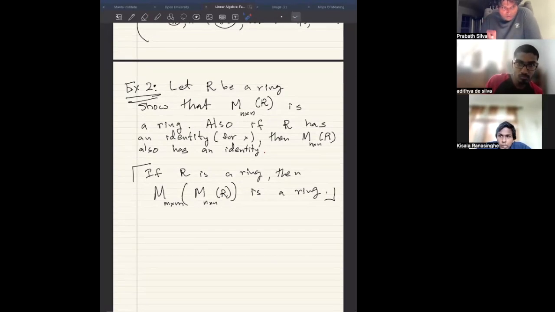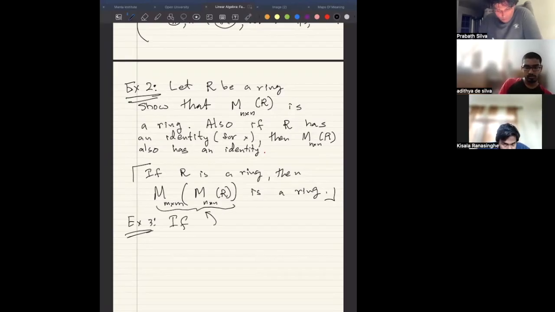Let me do this one. I gave a similar exercise last time. So if this ring has an identity, then the matrix ring has an identity.